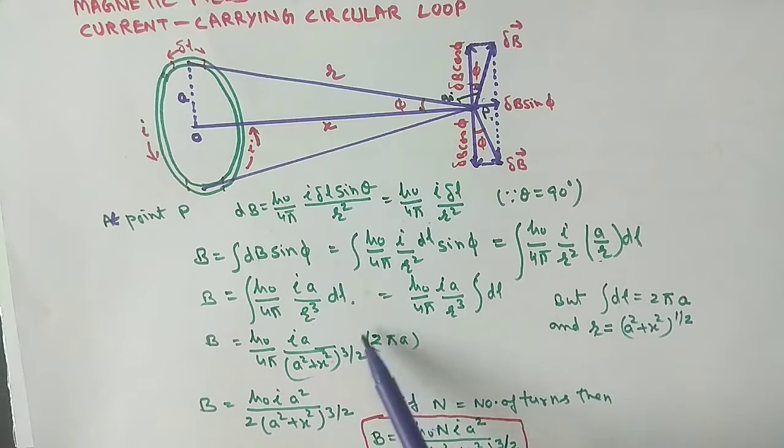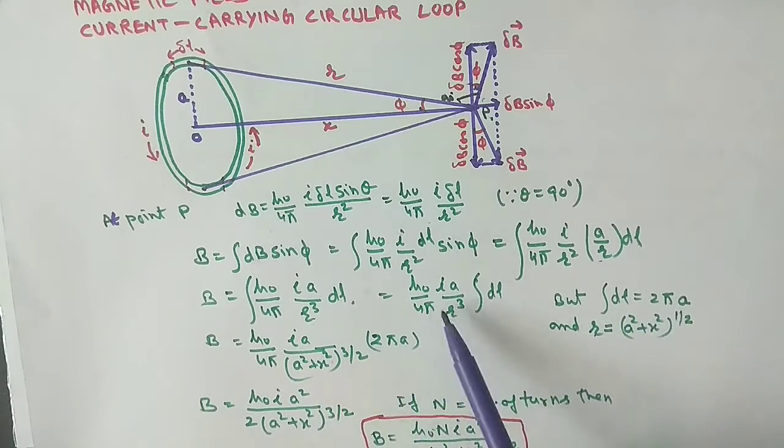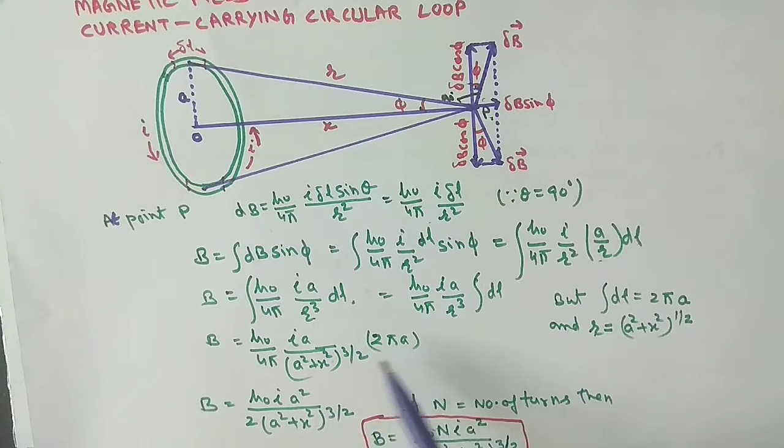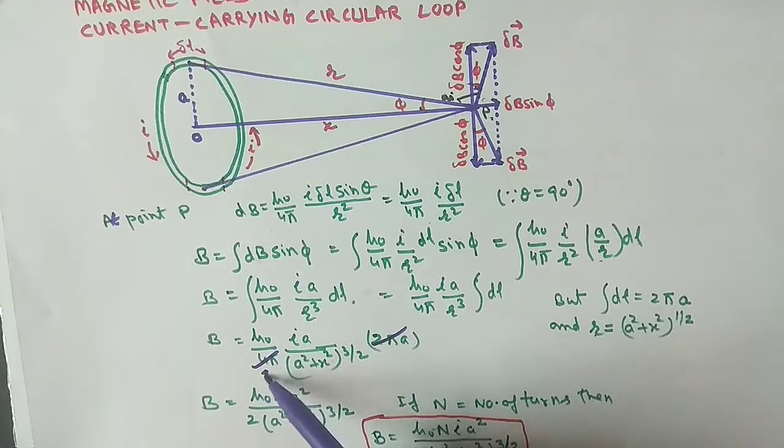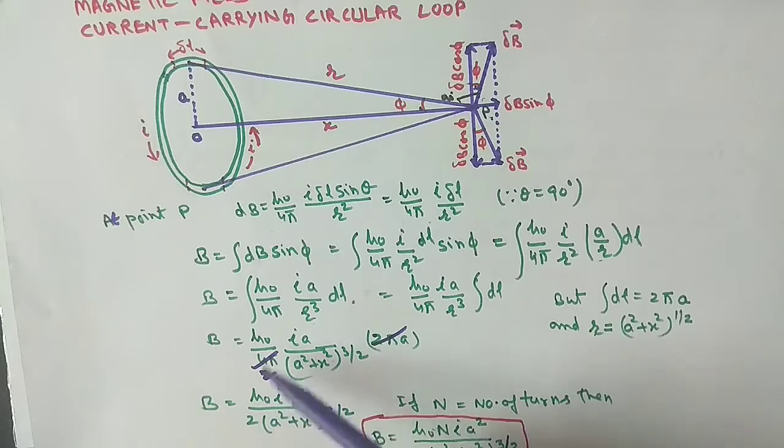So you will write here 2 pi a, and r cube means a square plus x square to the power 3 by 2. On simplification you can write like this, because the 2 pi is cancelled, it is 2 times. So mu naught I a square upon 2 times a square plus x square to the power 3 by 2.